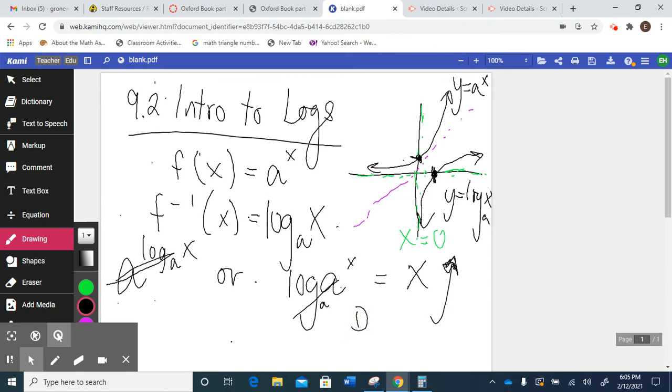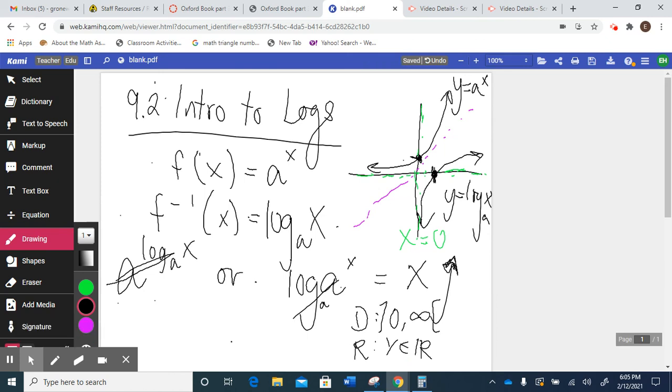We have the domain is going to be 0 to infinity, not included because it's not touching that asymptote. And then the range will actually be all real numbers. The opposite version of the exponential function.